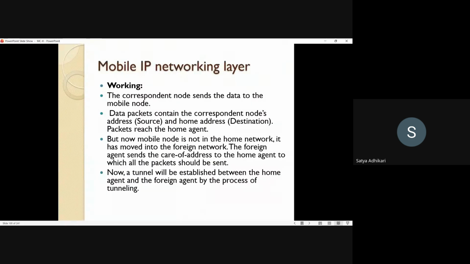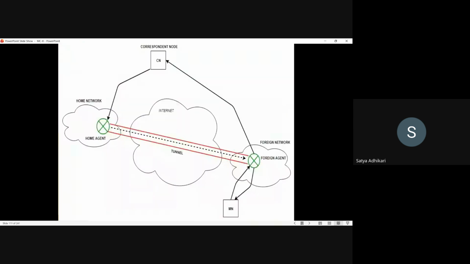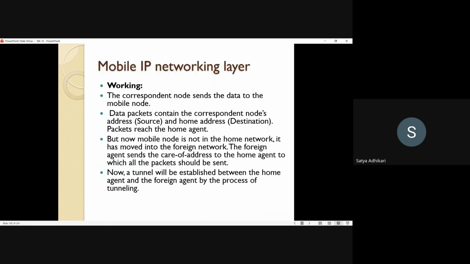Then mobile IP. We already discussed what mobile IP is, but now we see how it works. Mobile IP is an internet protocol basically used for mobile devices to communicate with others without dropping or disturbance in the communication.